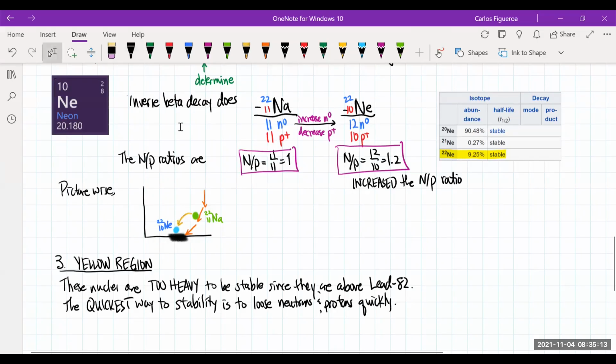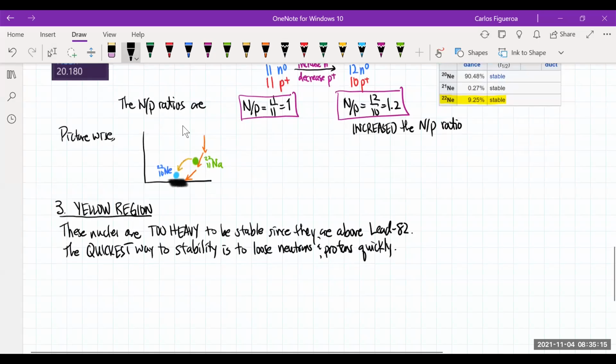So in this case, what do they do? If you have an alpha decay, what you find here is that you lose 2 neutrons and you lose 2 protons.